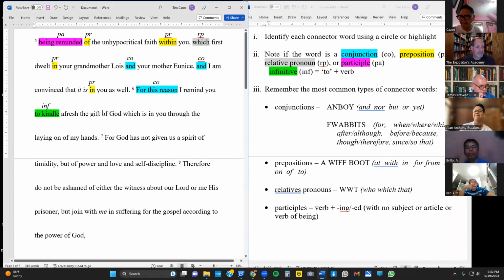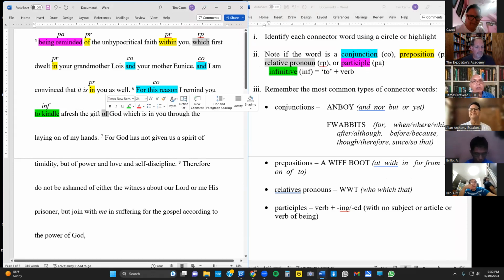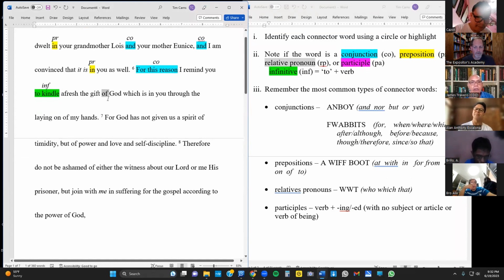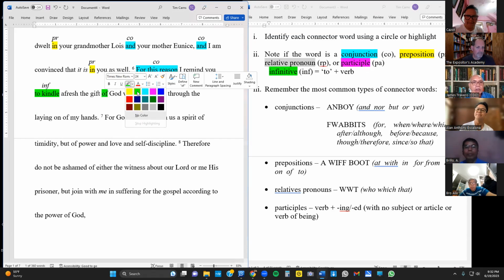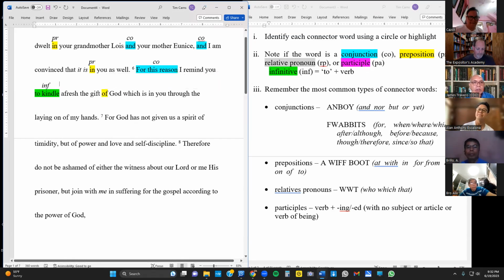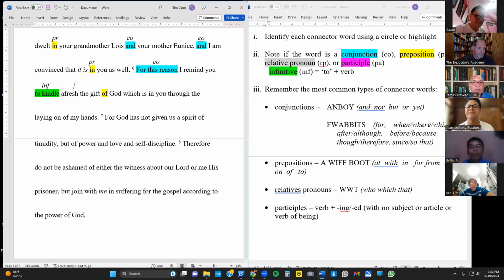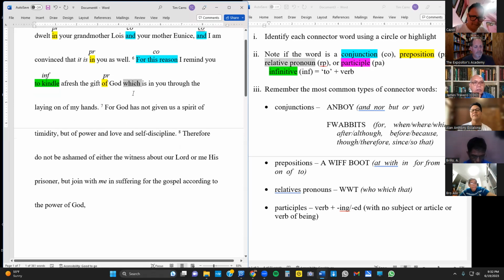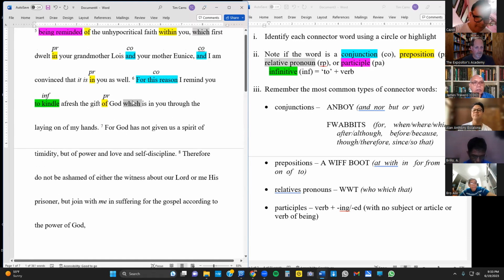Of. Yes. Of. What kind of connector word? Preposition. Okay, good. In which. Yes, which. What kind of connector word is that? Relative pronoun.